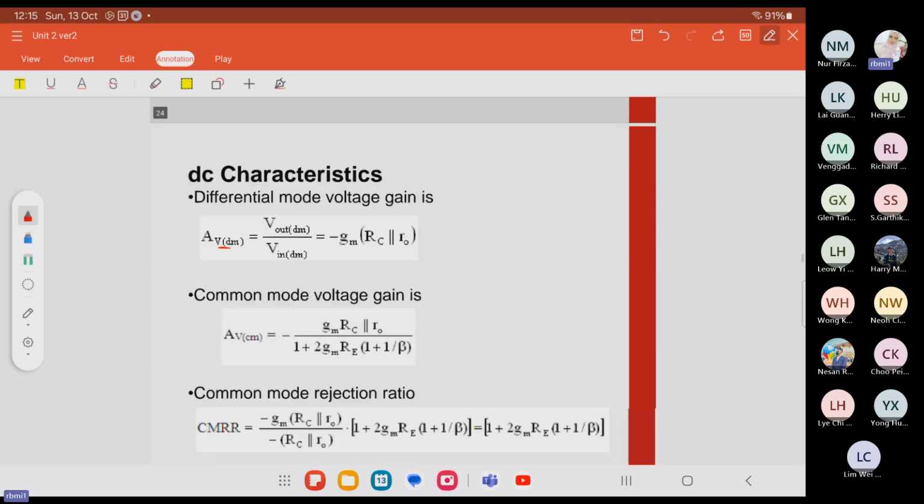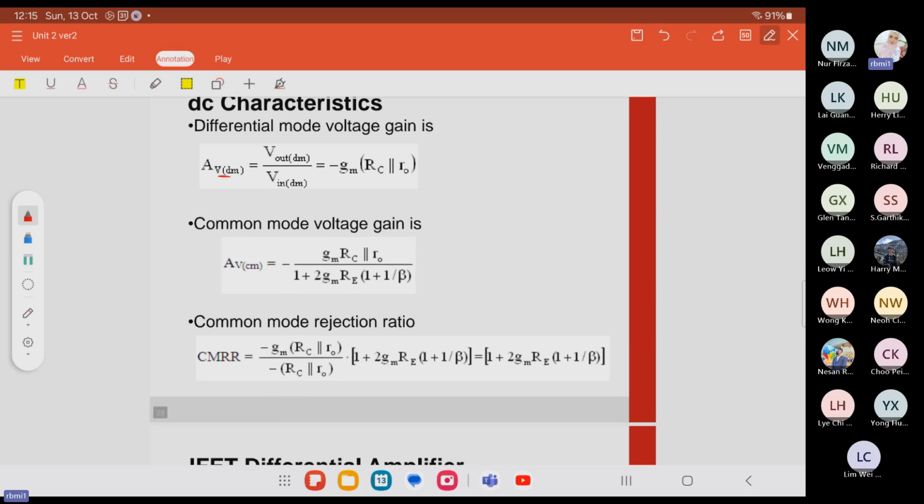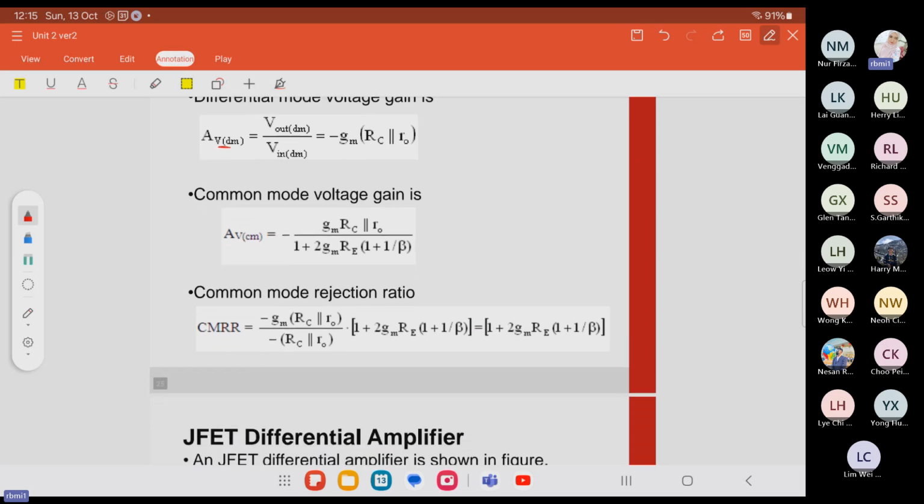So this is the differential mode voltage gain. Also we have the common mode voltage gain and the common mode rejection ratio for this circuit.